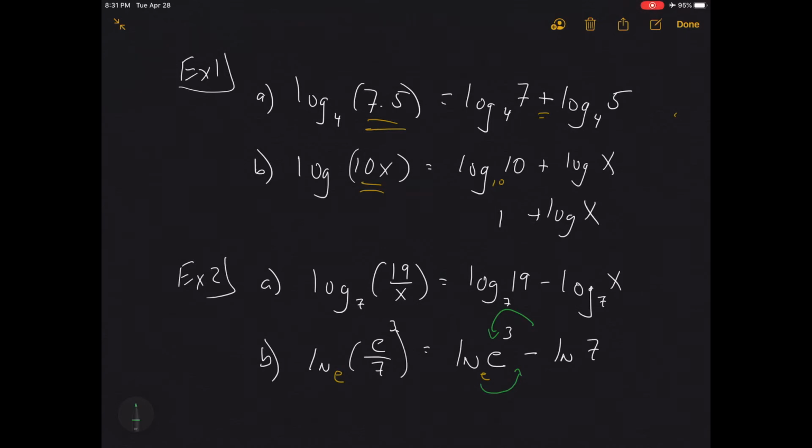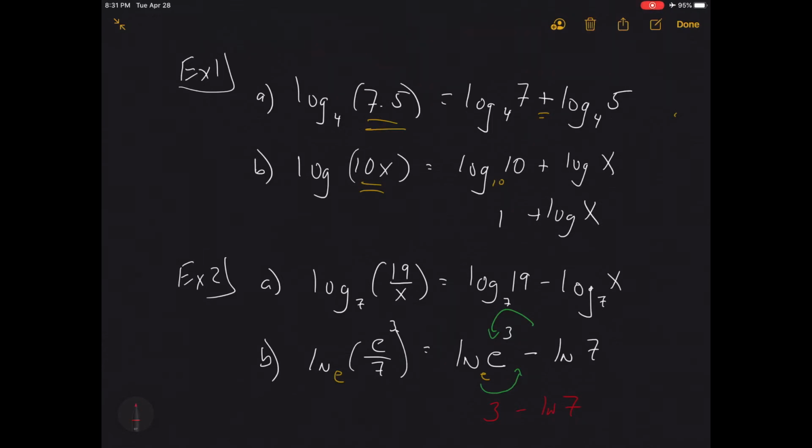Well, the only power I can raise e to get e cubed is 3. So that means that this has to be 3. The natural log of e cubed is 3. When we actually get to the next property, I'm going to show you an easier way to figure that one out. And then still minus natural log of 7.